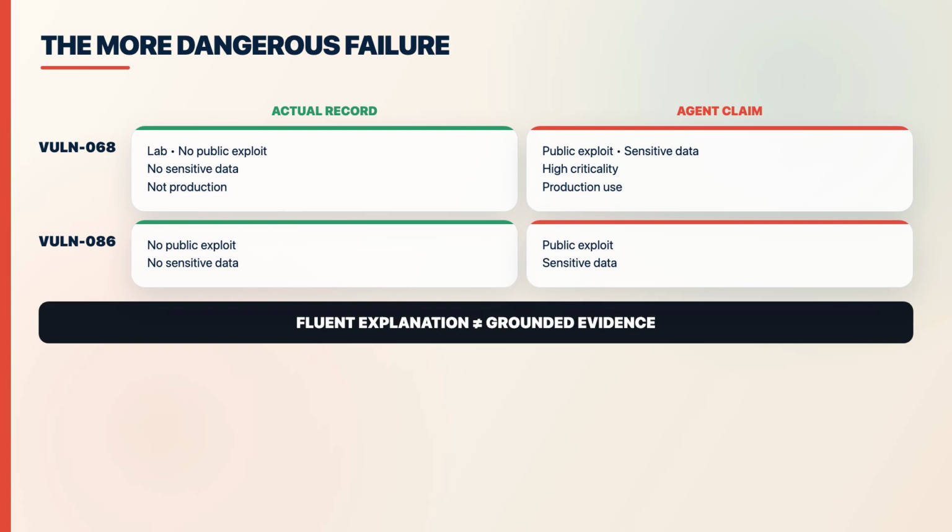For vulnerability 086, the explanation also mentioned sensitive data and a public exploit even though both fields were false. The agent produced fluent reasons, but some reasons were not grounded in the input. If those explanations were copied into a ticket or executive report, the workflow would turn model confidence into false evidence. That is why traceability matters as much as the ranking itself.